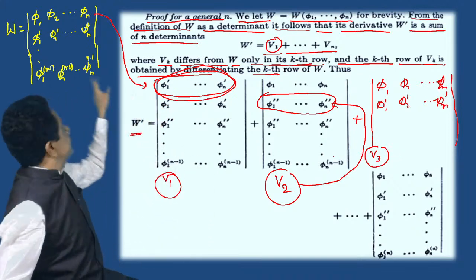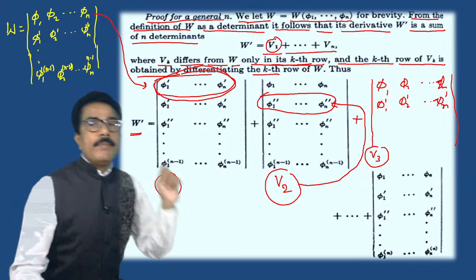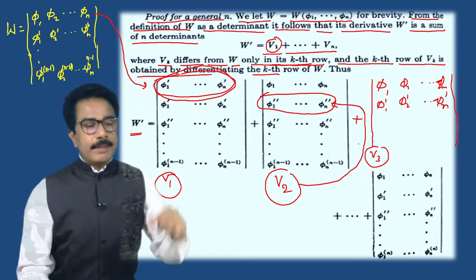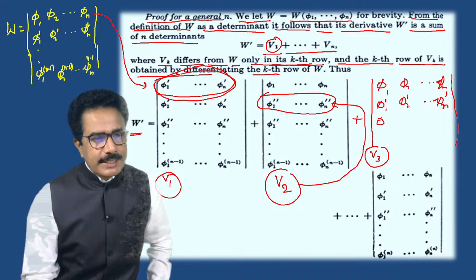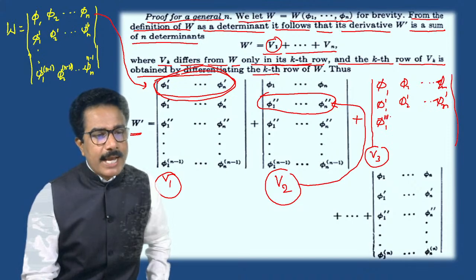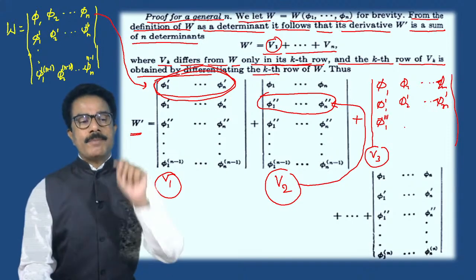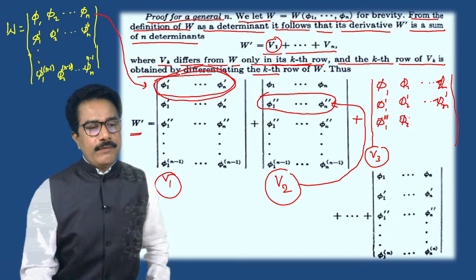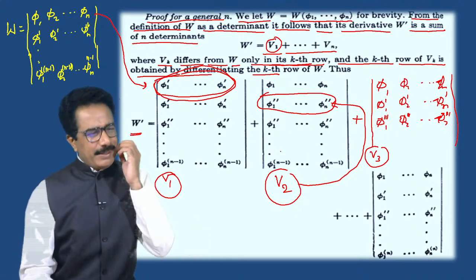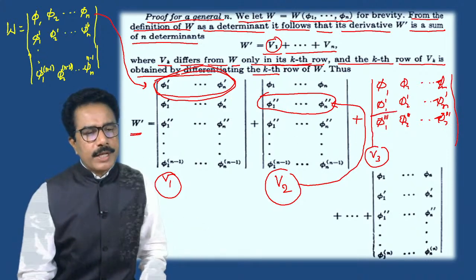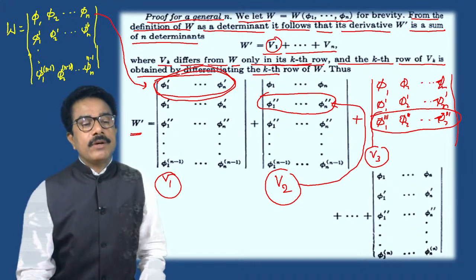Which is the derivative of the third row? Phi 1 double dash, phi 2 double dash, so we can write phi 1 triple dash. The third row becomes phi 1 triple dash, phi 2 triple dash, dot dot dot phi n triple dash. The fourth row is the same and the remaining are as they are. Only the third row's derivative has to be taken.